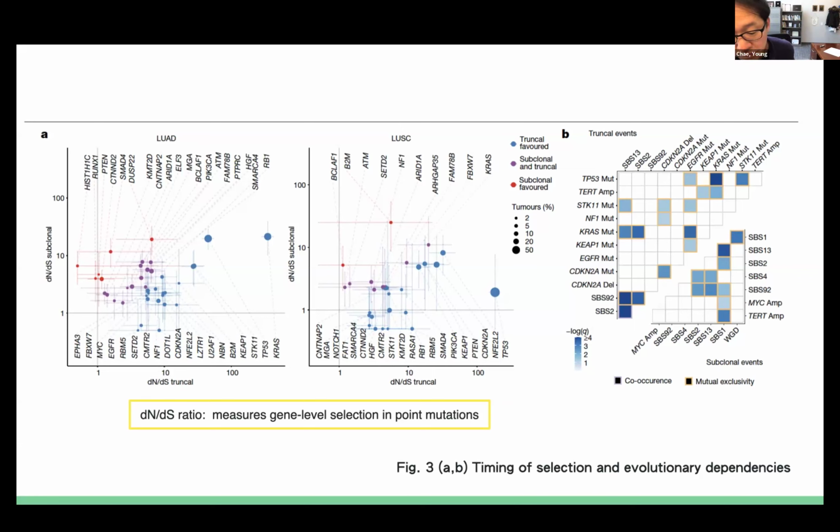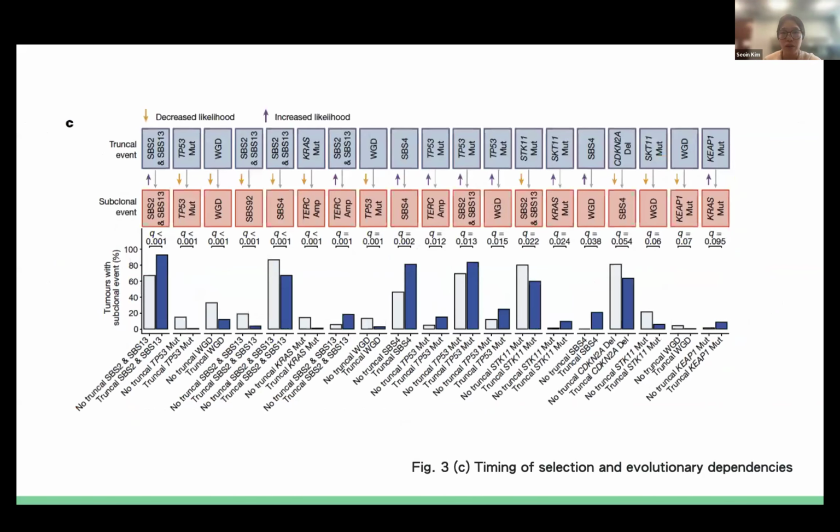So on the paper, I'll show you here. If you have TP53 mutation as a truncal mutation, it increases the likelihood that TERT amplification, SBS2, SBS13, and whole genome doubling events increase. So one mutation actually prefers other mutations. It pushes the direction of the subclonal mutation.